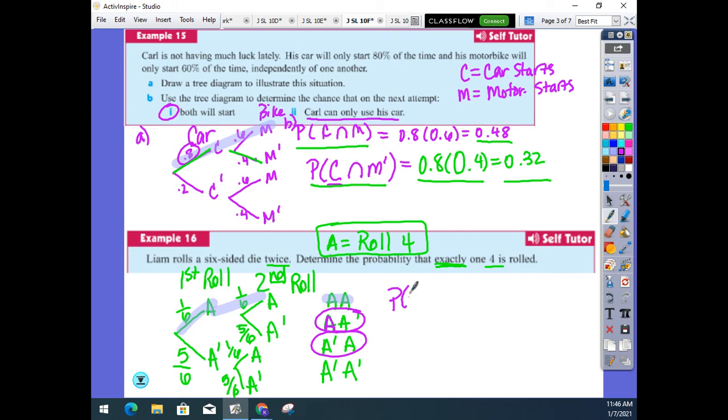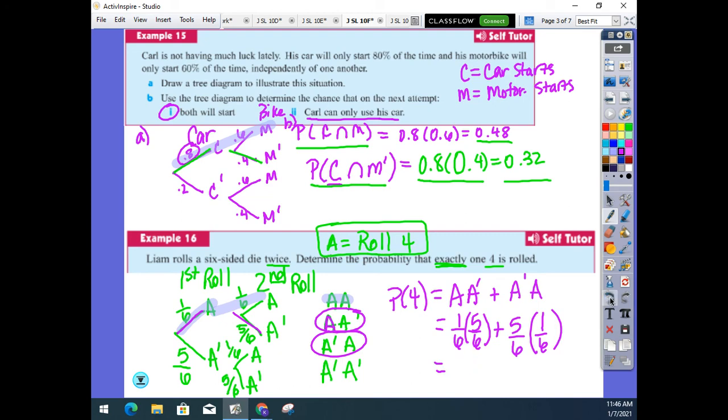So the probability is A, A prime plus A prime, A. A, A prime is 1/6 times 5/6. Or we also could have A prime, not a 4 first, and then rolling a 4, 1/6.